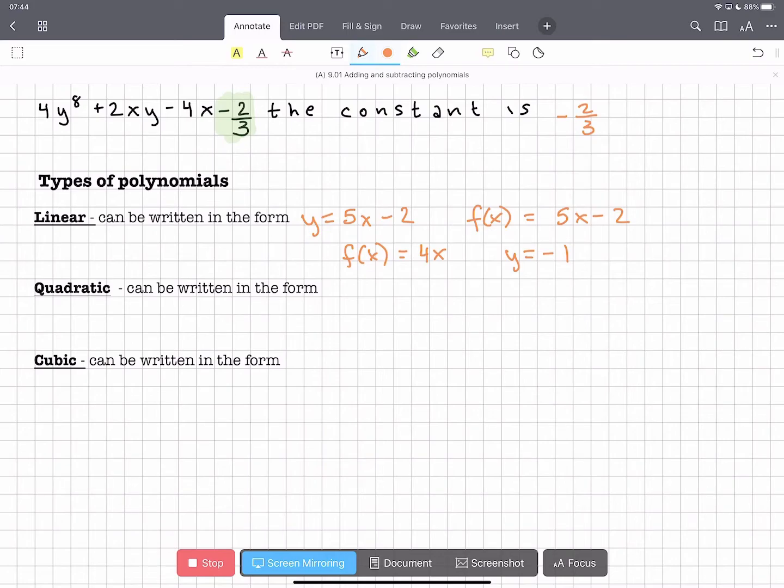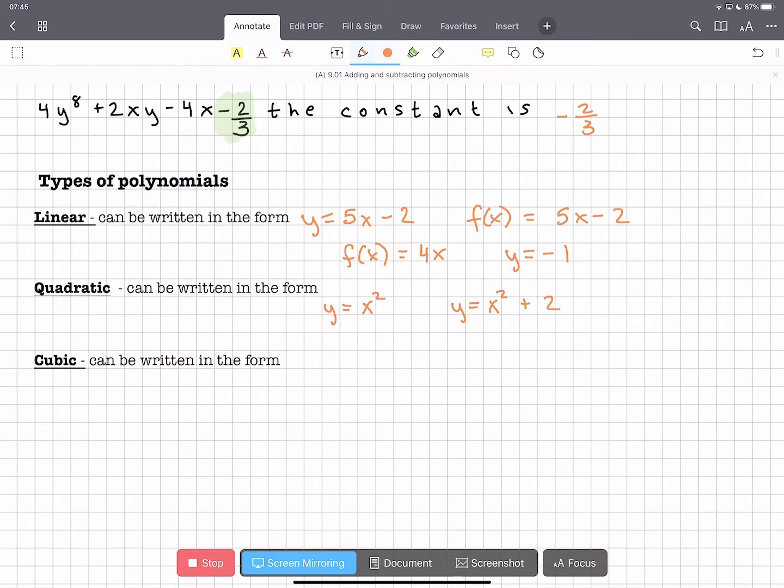Next we have quadratic, and these are things that would create a parabola on a graph. We haven't graphed parabolas yet, but they're basically anything where the degree of the polynomial is 2. So for example, we could have y equals x squared. We could have something like y equals x squared plus 2.